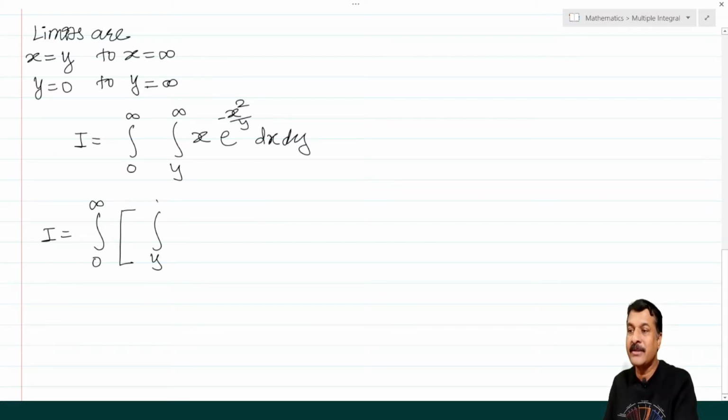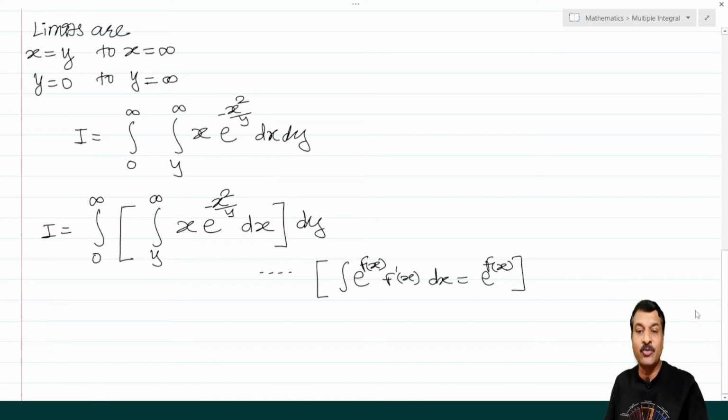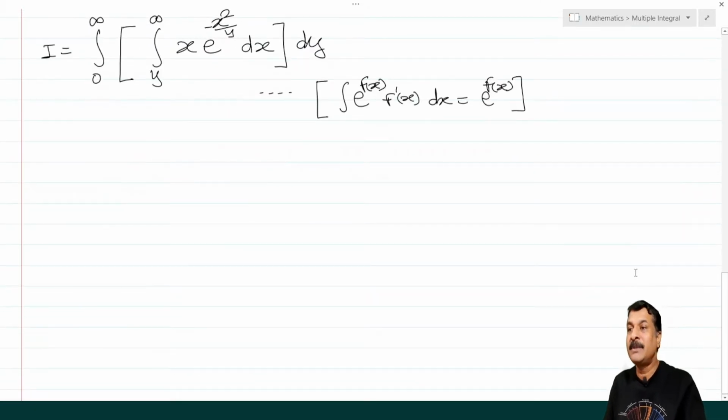So y is taken outside. We use the standard result: integration of e raised to f of x, if the derivative is present, is equal to e raised to f of x. So I will try to obtain the derivative of the function.